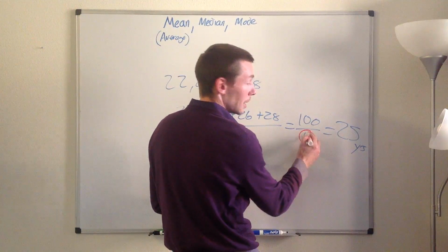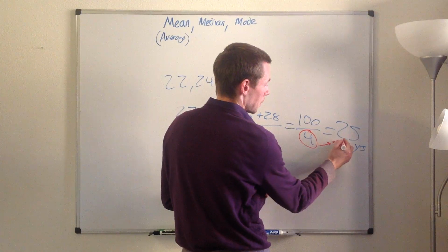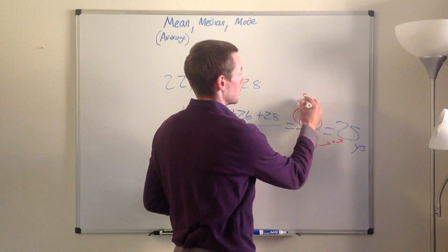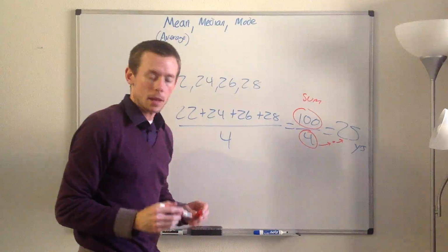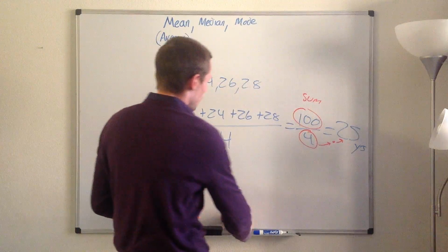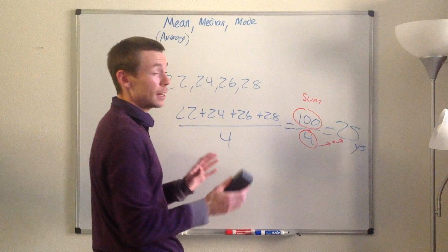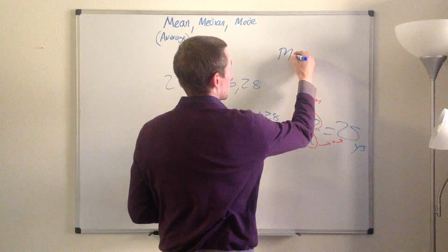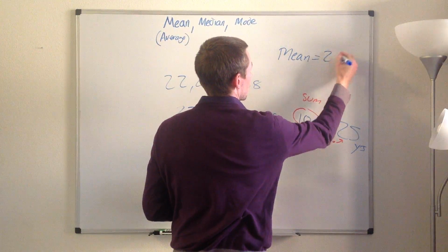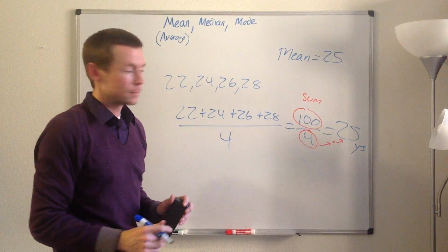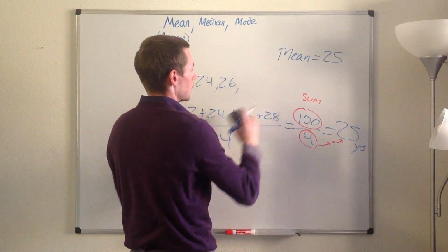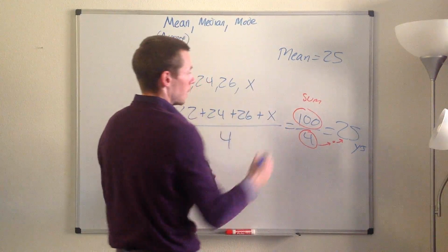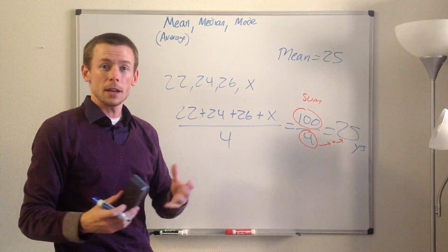So if I take this number of values, multiply it by the average, I get the sum. Okay? So, let's say, for instance, that I didn't know the last person was 28 years old, but someone told me that the average was 25. How could I find that value if it were missing, if I didn't know that?